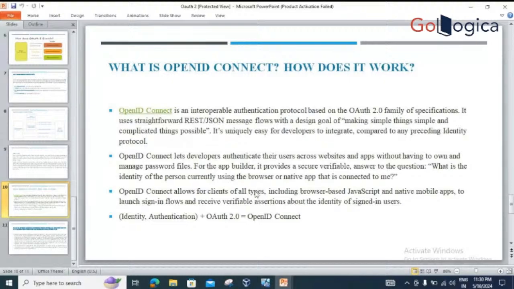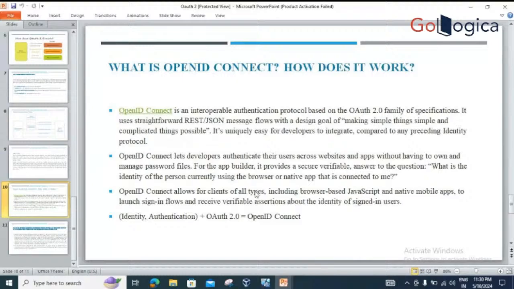In the last and fourth point, it is mentioned that where your identity plus authentication plus authorization are supposed to be taken, it means your OpenID Connect is supposed to happen.